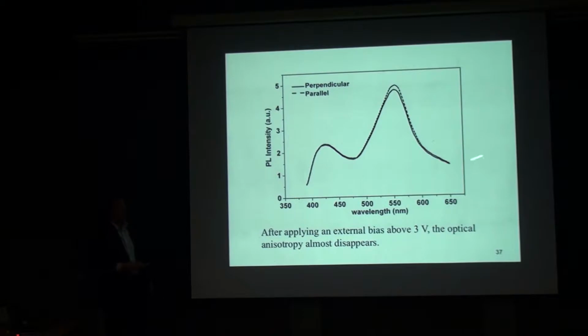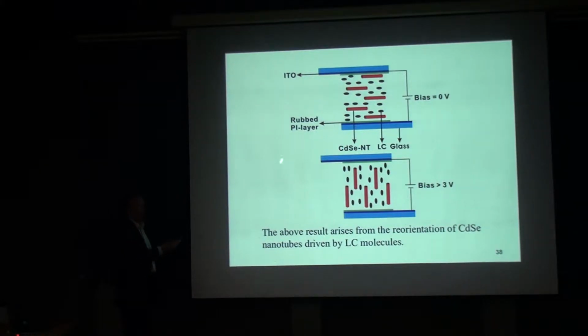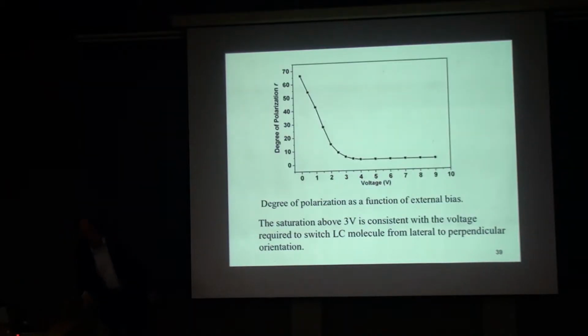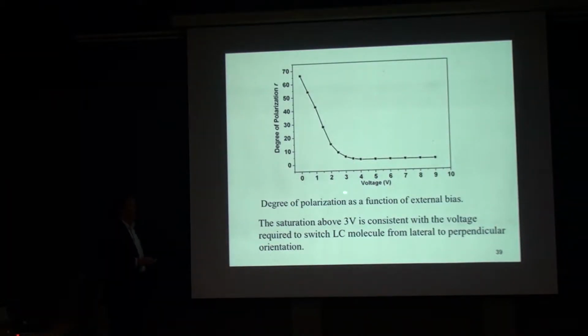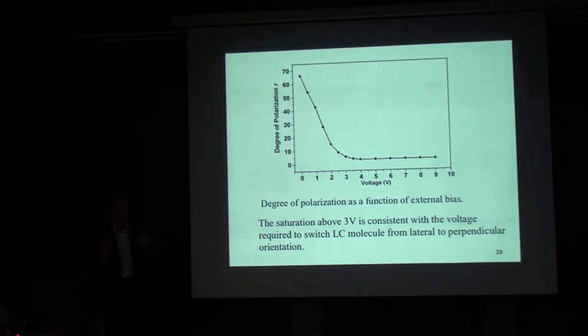So this is to tell you what we have. This figure shows what I just said before. And then we can change the voltage to change the orientation of the semiconductor nanowire.